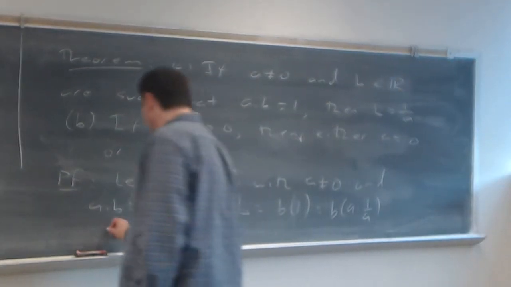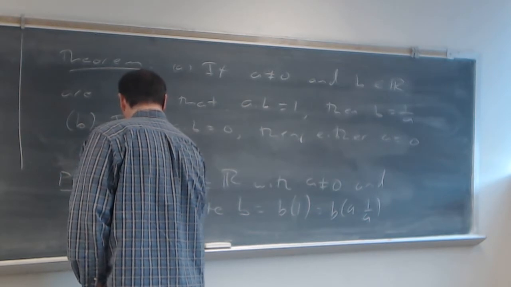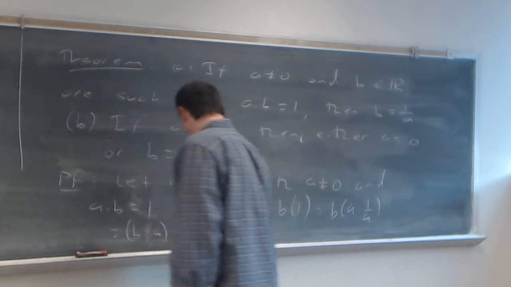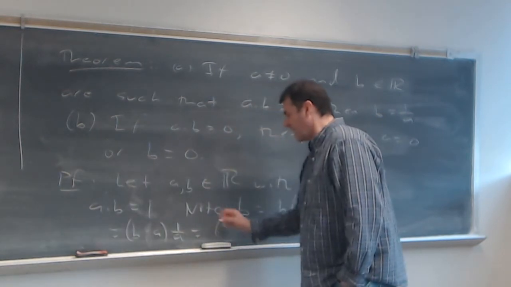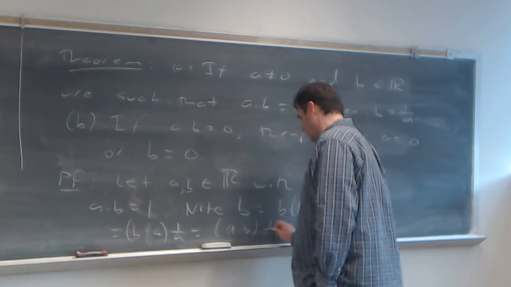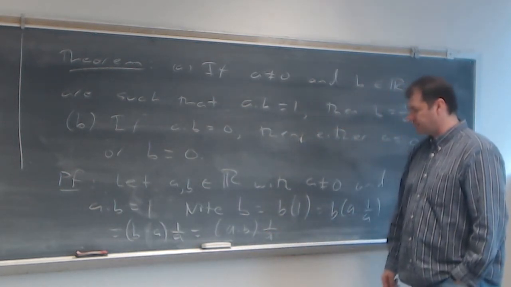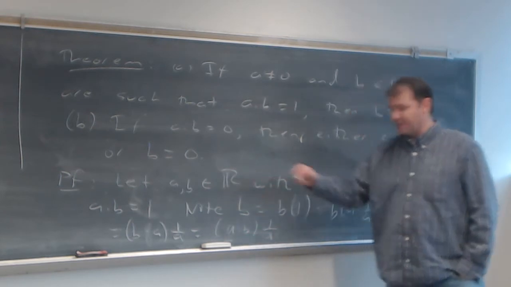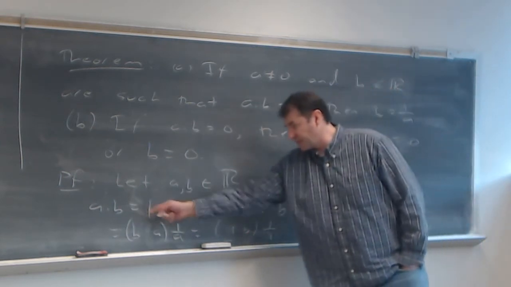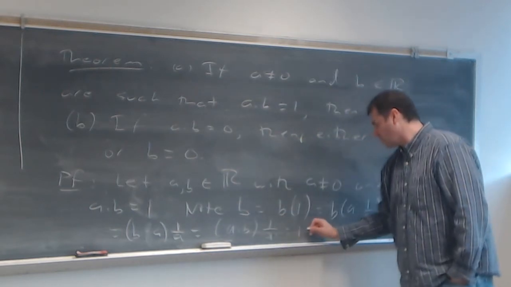So this can be rewritten as B times A, and then times 1 over A. And being very cautious here and running through every step, I can rewrite B times A as A times B, the commutative property of multiplication. And then that's got to be multiplied by 1 over A. But what's A times B by our assumption? We're assuming that A times B is equal to 1. So this part we can substitute 1 in for.